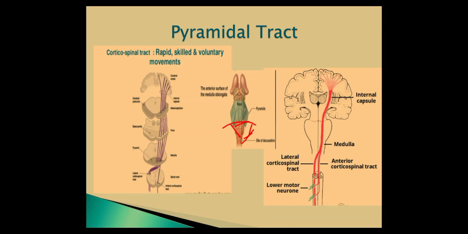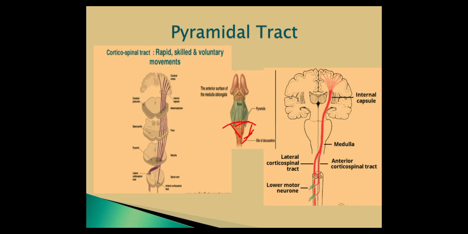Basically, the origin of any descending tract is from the upper motor neuron nuclei. For this tract, 30% of the fibers originate from the upper motor nuclei present in the primary motor area, that is area number 4, and the supplementary motor area.